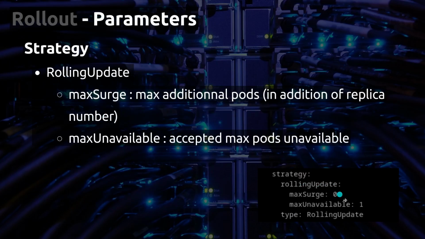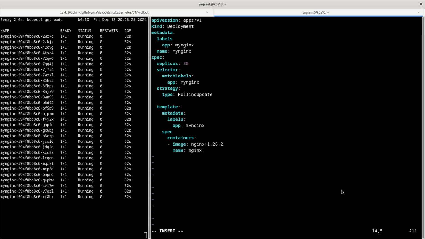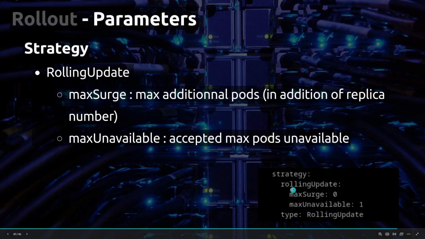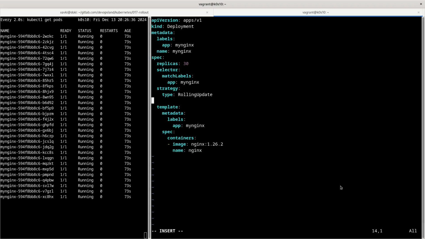You set the type to RollingUpdate, but if you use the RollingUpdate type, you need to set the key rollingUpdate in your YAML file. So I can add it here, rollingUpdate. Be careful with uppercase and lowercase. This is really important. It's not the same thing in the type or in the key.